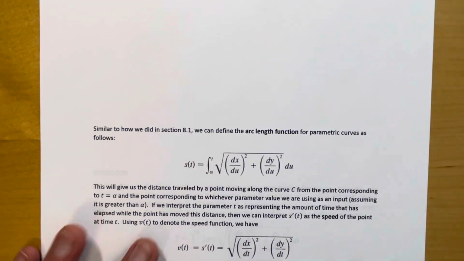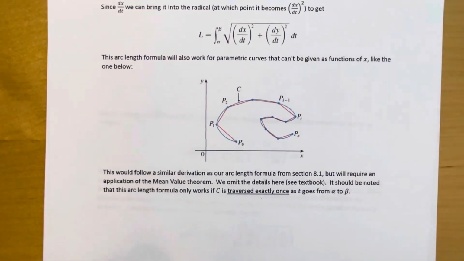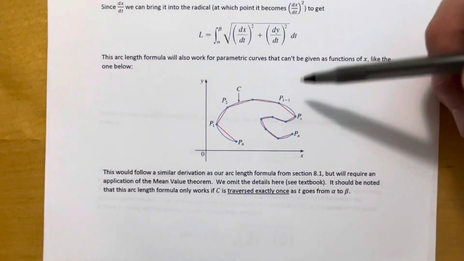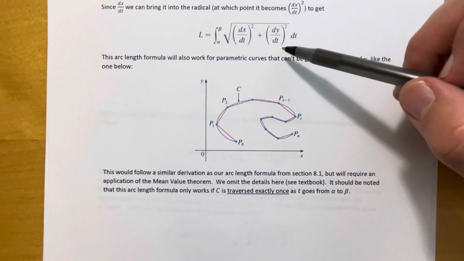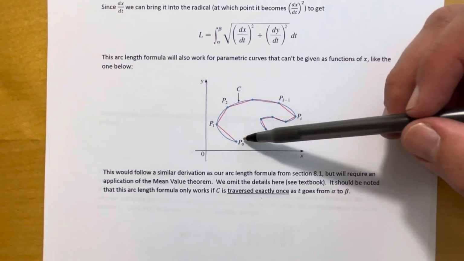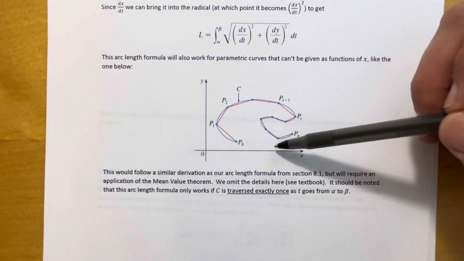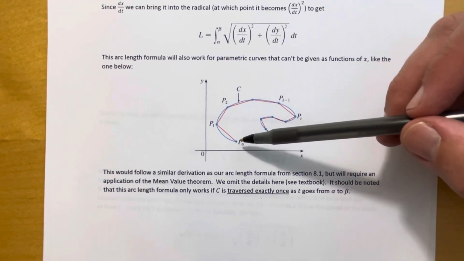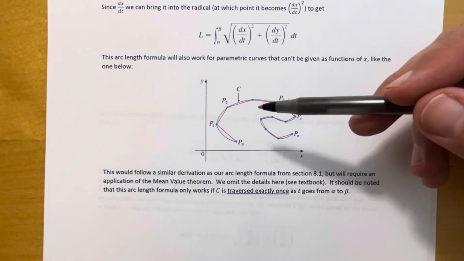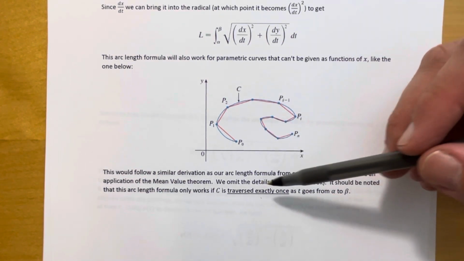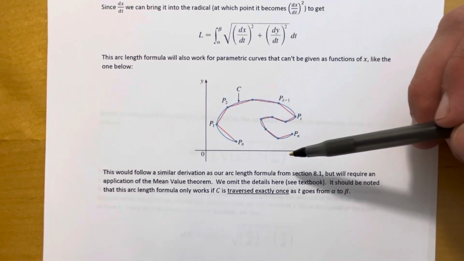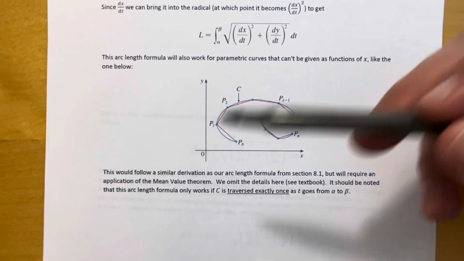So, I want to mention this before we do an example. It is important to note that this formula for arc length only works if your curve is traversed only once as t goes from alpha to beta. As we saw in 10.1, sometimes a parametrization for a curve will have you traversing that curve multiple times.